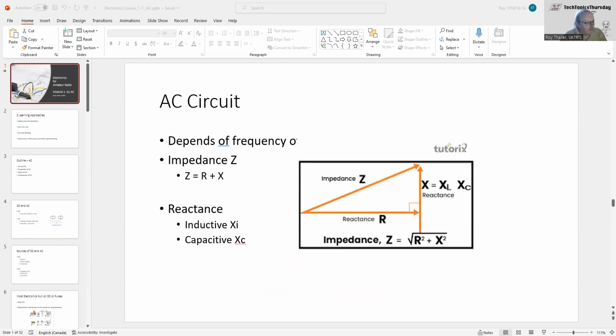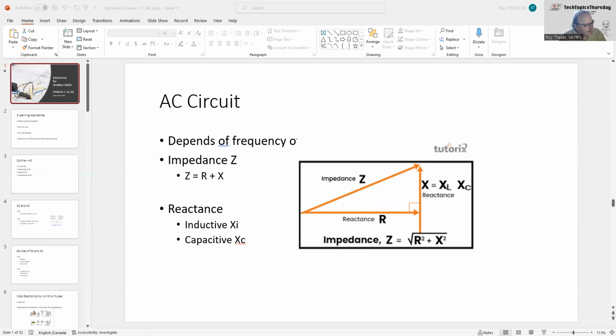And then, one of the things with AC is that when you have capacitance and inductance in the circuit, it's known as reactance. You have inductive reactance and you have capacitive reactance. And you now introduce a new component called impedance.